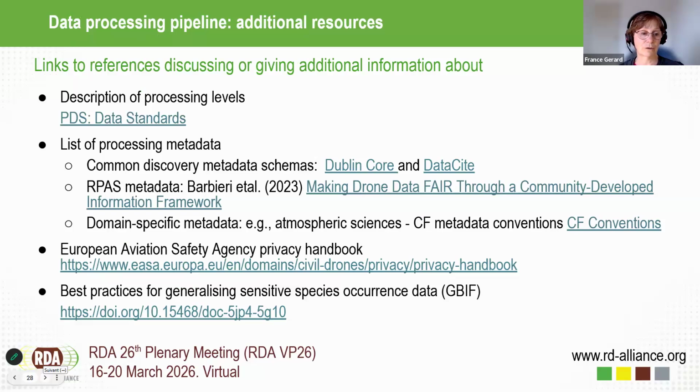We also have a list of processing metadata, so common discovery metadata schemes, RPAS metadata from a paper that we've found, and also domain-specific metadata, for example, atmospheric sciences. There's also a link to the European Aviation Safety Agency Privacy Handbook, and best practices for generalizing sensitive species occurrence data from GBIF. Next slide, please.